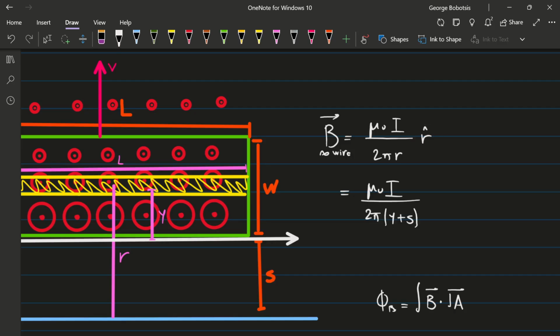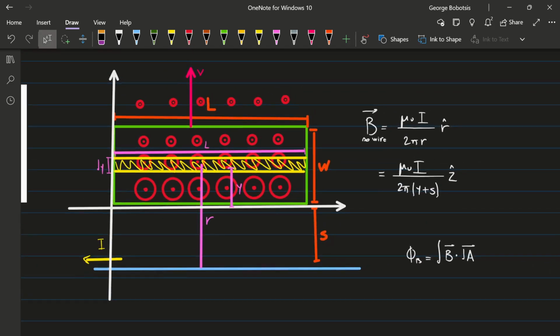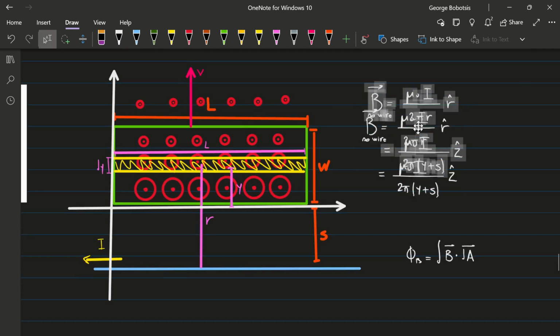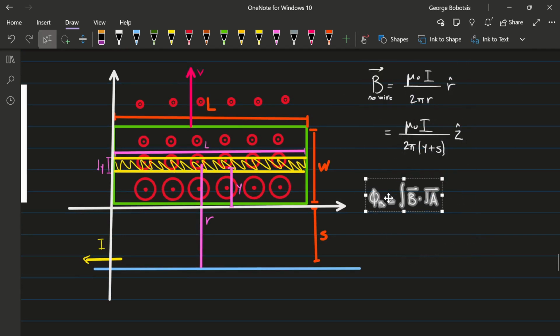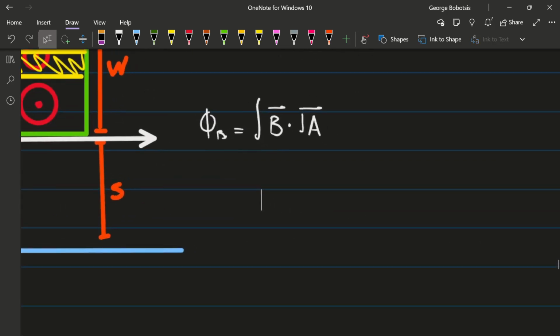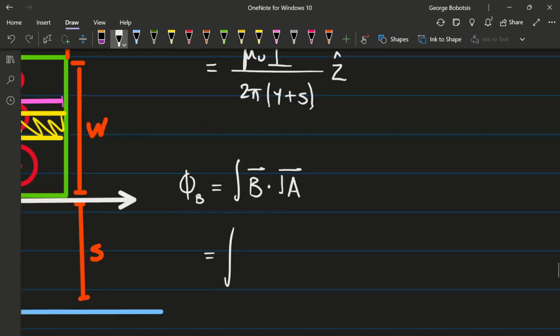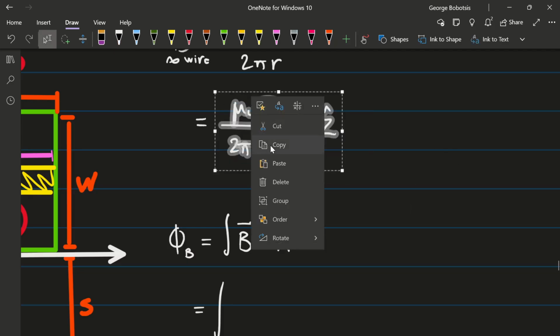Meanwhile, the direction vector is coming out of the page. I can call that just z hat. All right, so this is what the field of the wire became after the adjustments that need to be made for this problem. Now, you walk into the flux. You've got to calculate the flux when you're doing inductance. So you take the dot product between magnetic field and dA. Here's my magnetic field that I'm going to be plugging in.